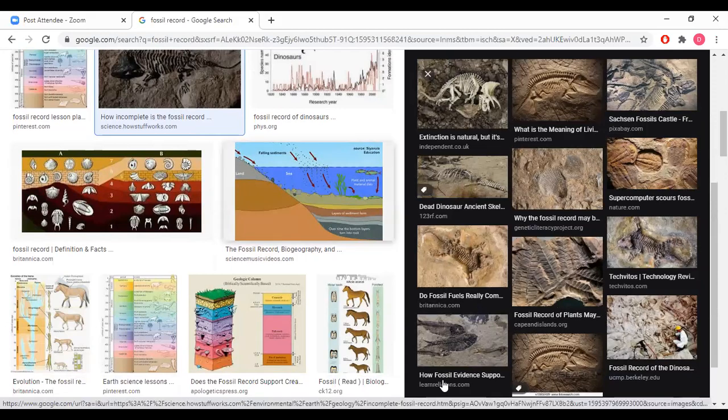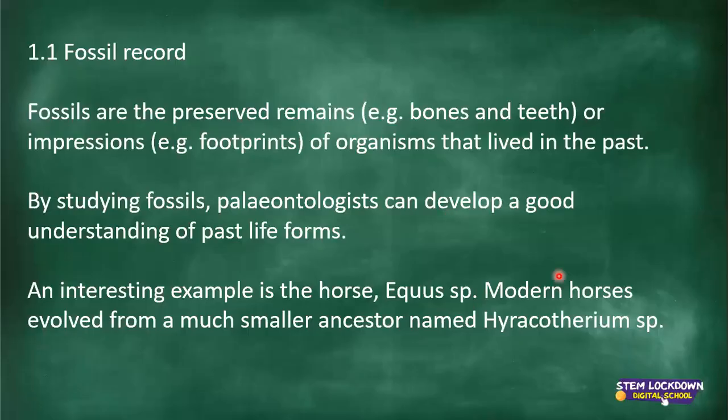When you study all of this, it can help us trace and find out their origins. Because these are organisms that lived in the past, and by studying their bones and their teeth and then the footprints, we can work out how they originated and even link them up to organisms that are still present to this day.